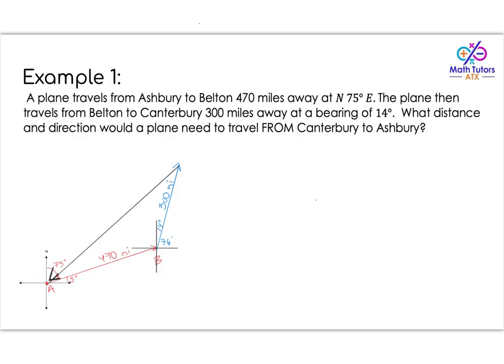So if I think about my vectors, I know that if I have A this way and B this way, this one here would be A plus B, but it looks like I'm going the exact opposite direction. So we need to do A plus B, but then negate it. So therefore our distance will be the same, but obviously we will be going the opposite direction. All right, let's take this information and set up a nice little chart.